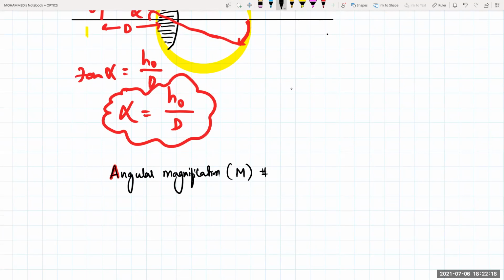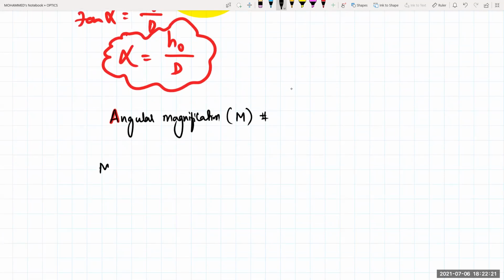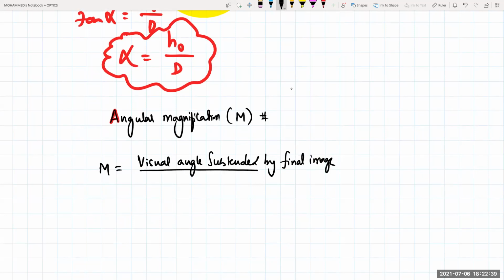So I'll write here right now. Angular magnification is nothing but the visual angle made by the image, or we can say subtended by the final image, divided by the visual angle subtended by the object kept at the least distance of distinct vision, capital D. So that will be equal to beta divided by alpha, or theta i divided by theta naught.